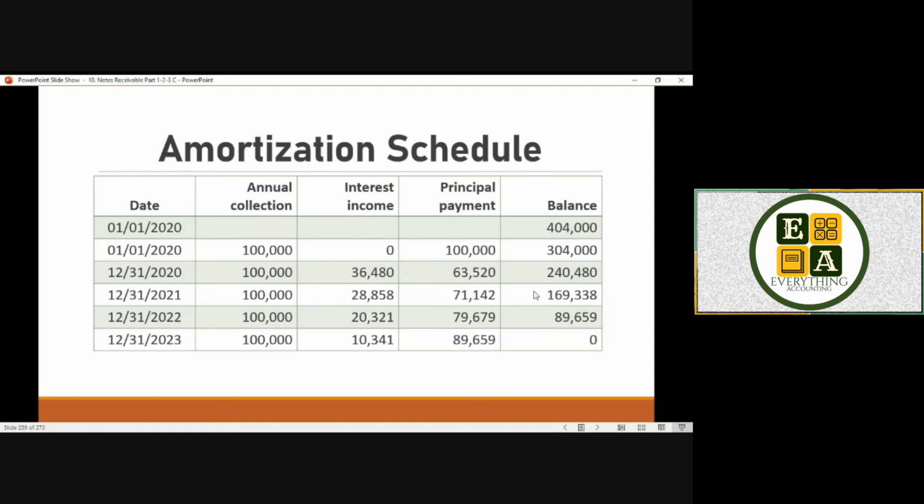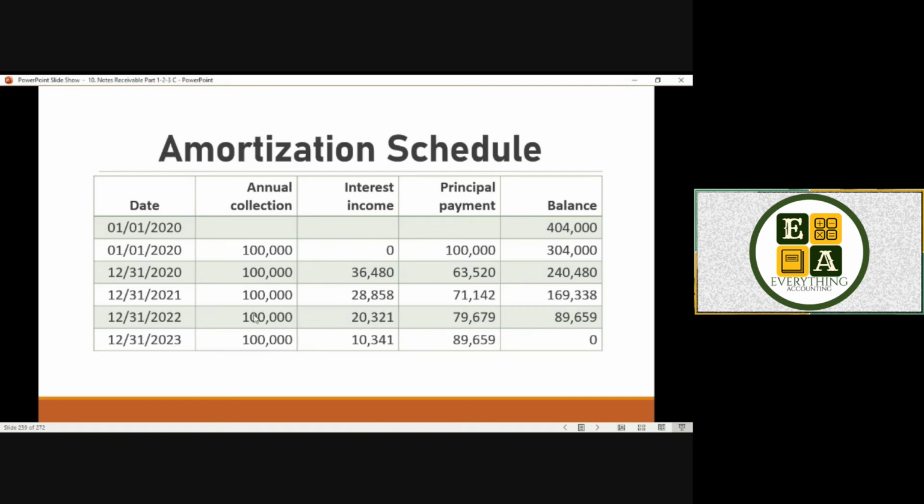240,480 times 12%, that would be 28,858. Minus that from 100,000, that would be 71,142. Deduct from 240,480, that would be 169,338. 169,338 times 12%, that would be 20,321. Okay?